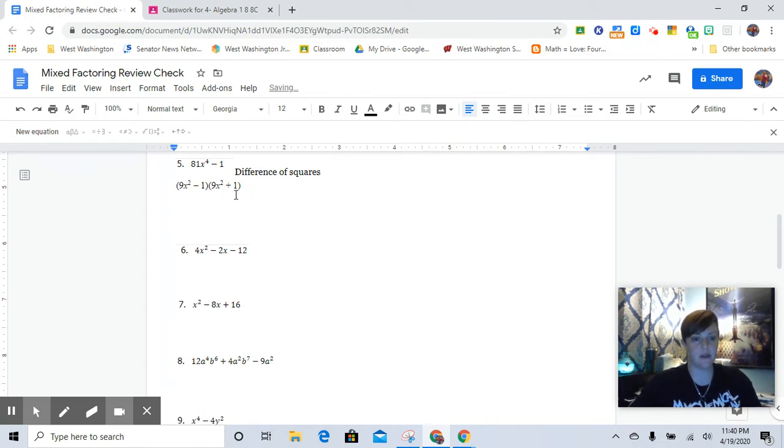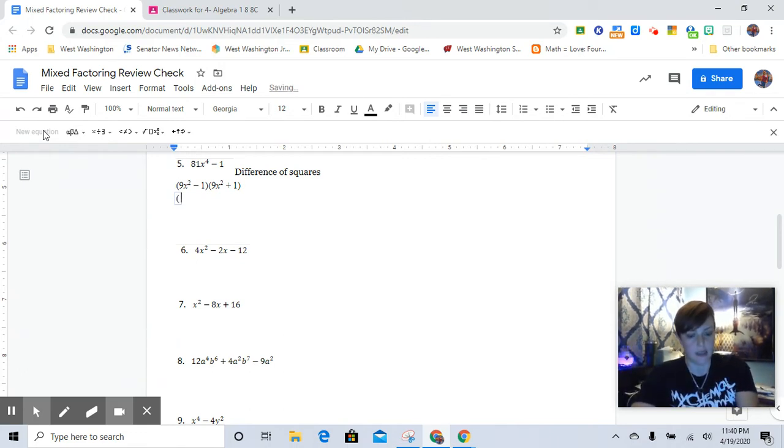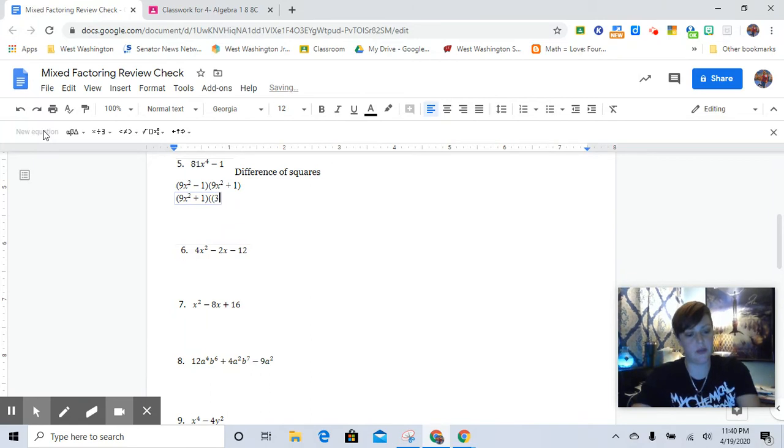So we're actually going to rewrite this here because convention says write it in descending order. So 9x squared plus 1, and then 9x squared minus 1 factors into 3x plus 1 and 3x minus 1.